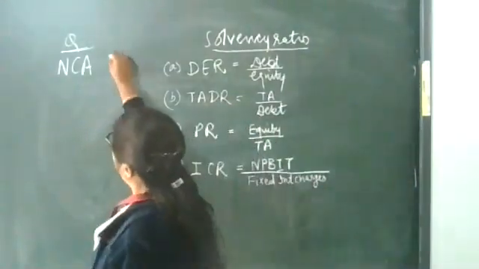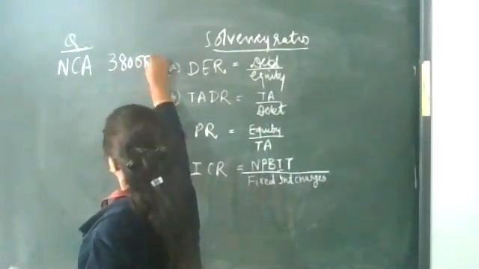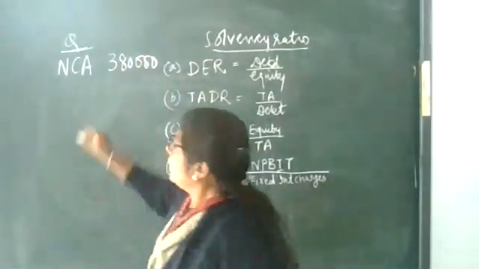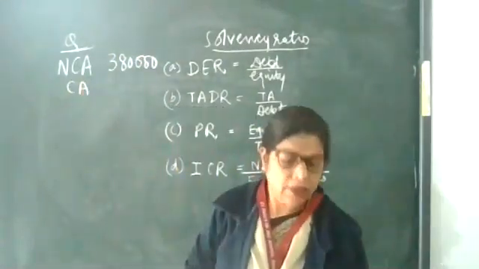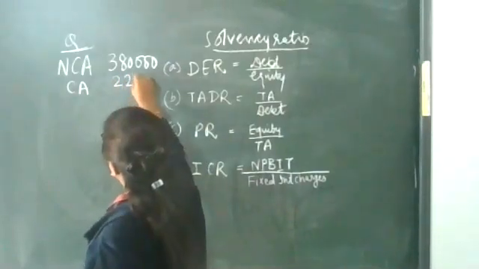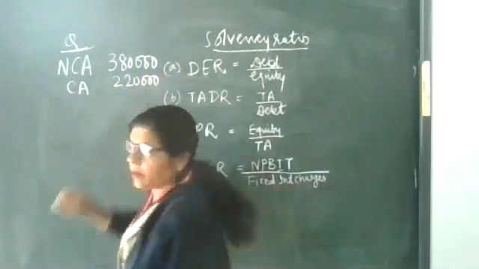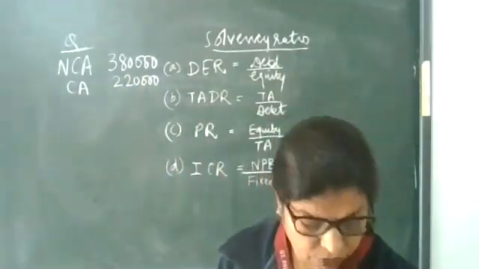That is 3,80,000. Then CA, current asset, that is 2,20,000.